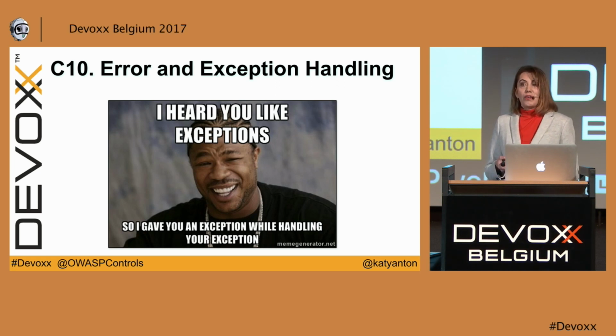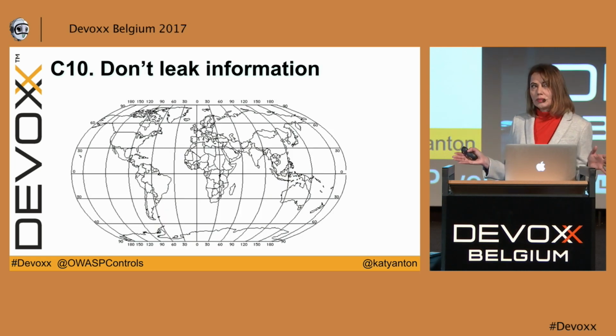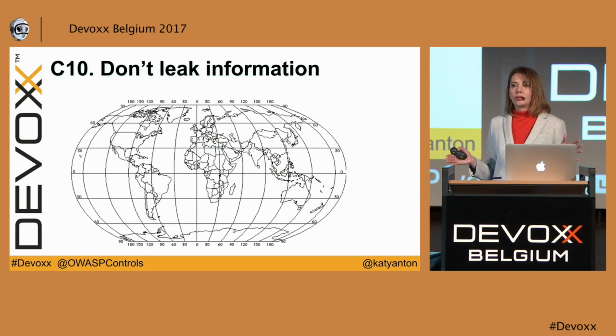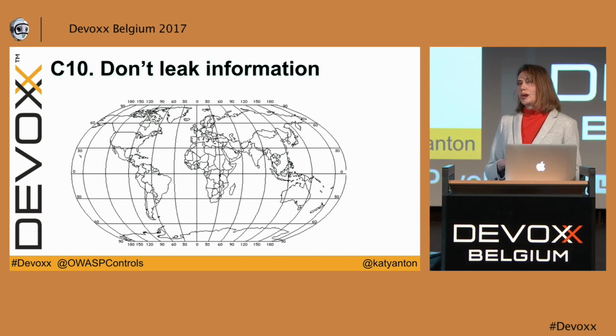As an analogy, think of coordinates. By themselves, the coordinates, latitude and longitude, have no value. But put them together and they can pinpoint the exact location on Earth. The same is valid for error messages.